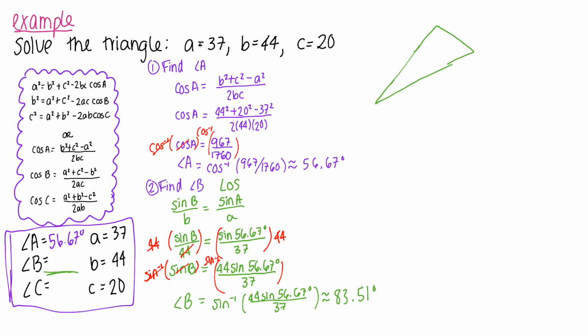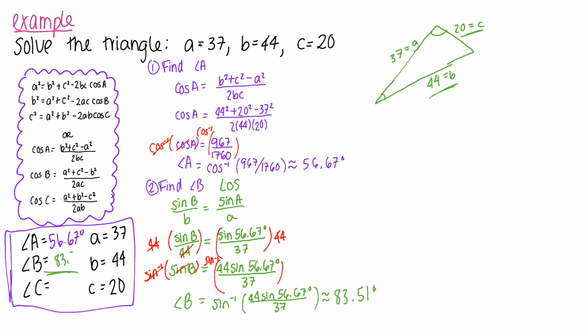So we could say that the longest side is 44, so this is B here. And the short side is 20, that was C, and then this other side is 37, that's A. And we could say because this is the longest side that this should be the biggest angle, and that because this is the shortest side that this should be the smallest angle.